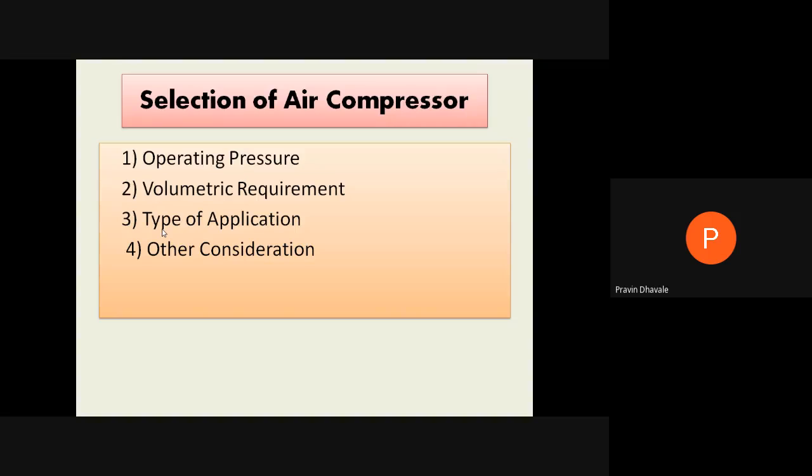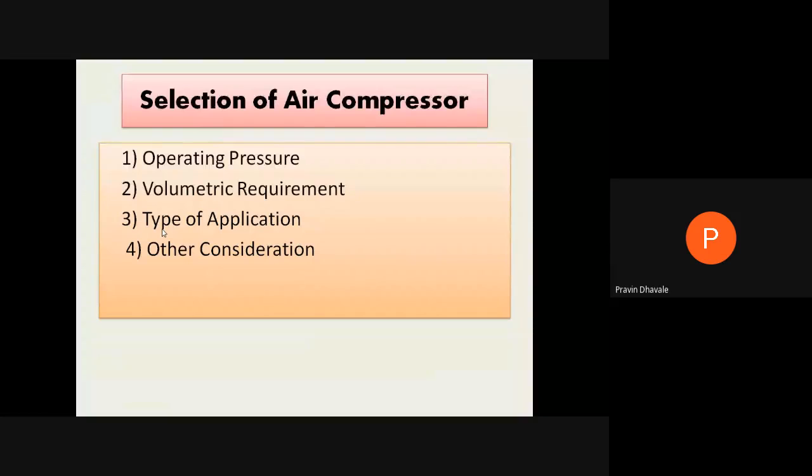And the second type is the stationary type compressor, or central compressor. Most industries require compressed air in order to perform specific applications using the pneumatic system.